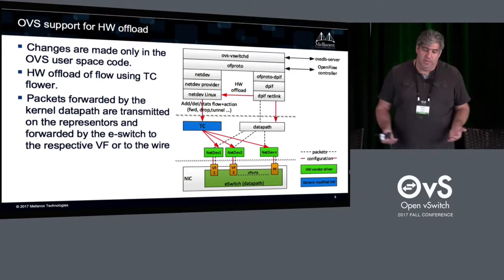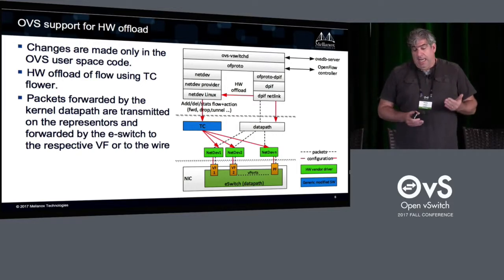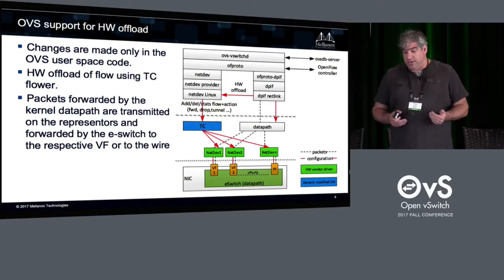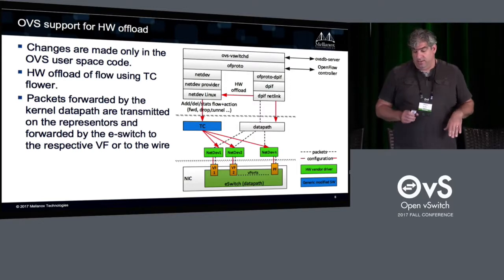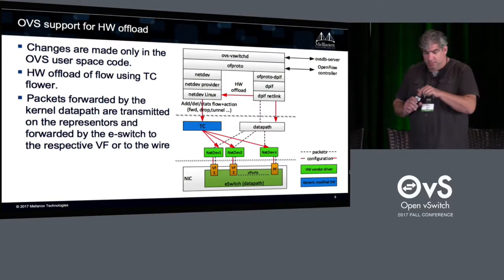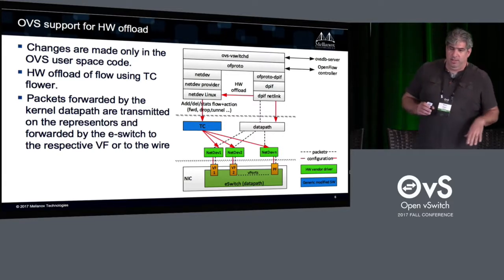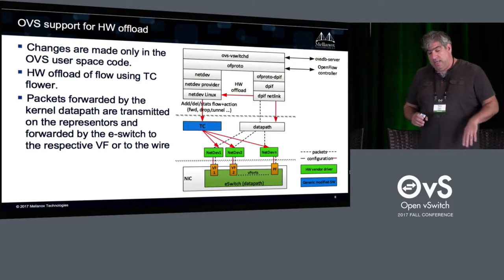We don't need to change the OVS, and you connect them to the vSwitch, to the OVS, and the rules from the OVS can, instead of going to the data path in the kernel, go to the TC inside the kernel, through the same code of the vSwitchd as when it runs the kernel implementation. So we already did that.